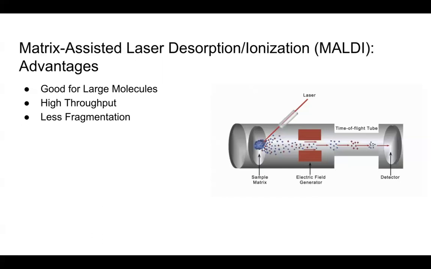And finally, since MALDI is considered a soft ionization technique, it imparts minimal energy to the sample and produces fewer fragment ions. Therefore, it preserves the integrity of larger biomolecules for accurate mass analysis. So MALDI is commonly used in proteomics for protein identification, for large biomolecule analysis, and the analysis of polymers and other macromolecules. It's also effective for tissue imaging and other spatially resolved analyses.